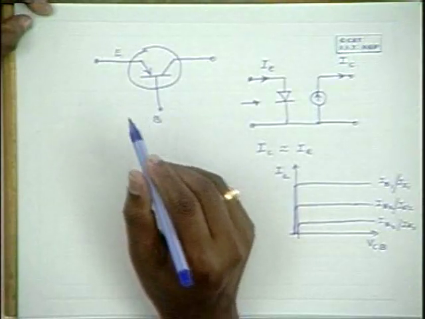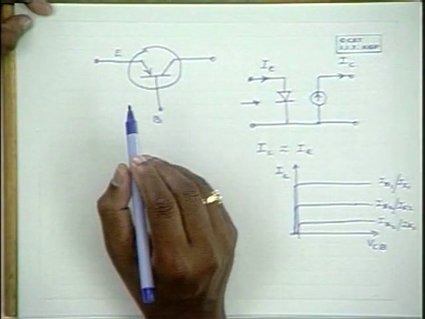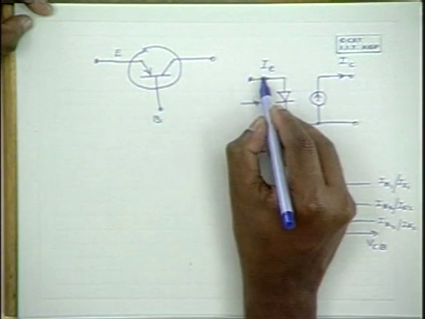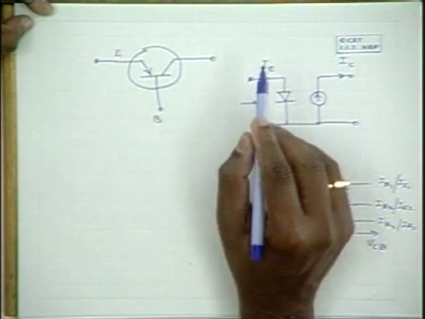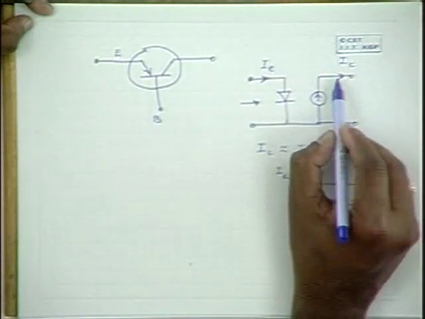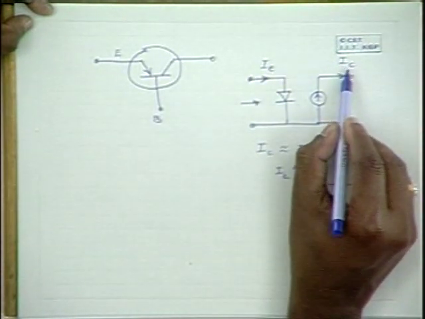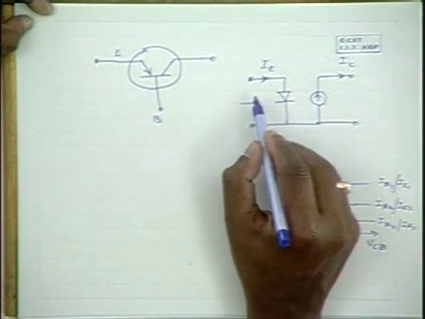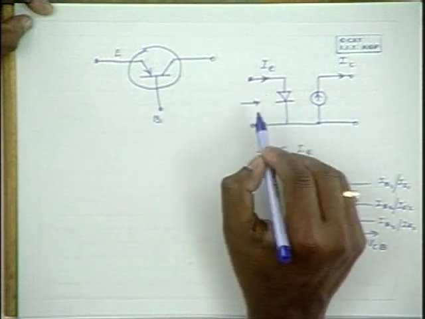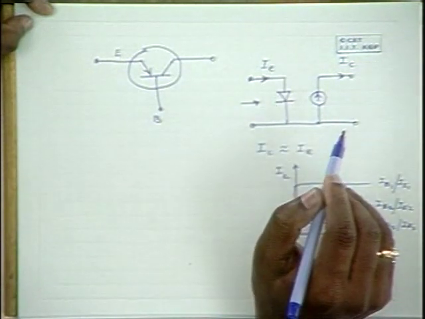Please note that as far as amplification is concerned, we are interested in the alternating signals. So when there is an alternating emitter current, there is an alternating collector current component, and the input impedance is for an alternating emitter current, not for the DC components.